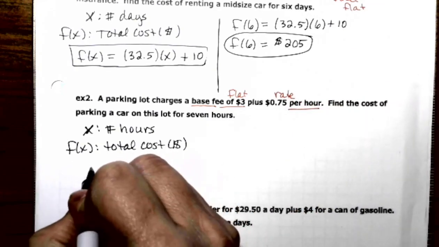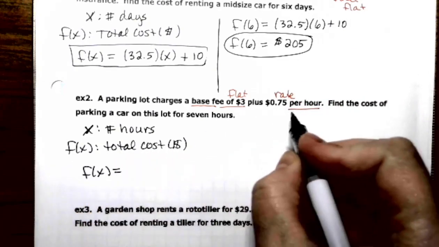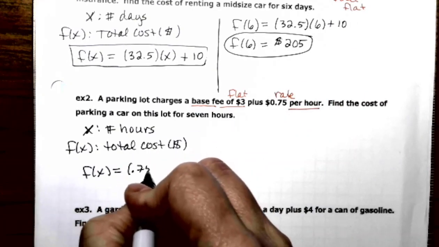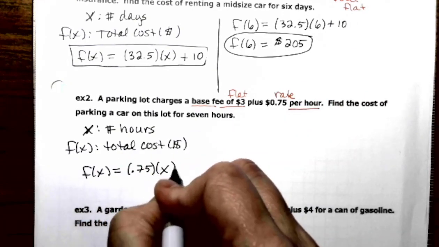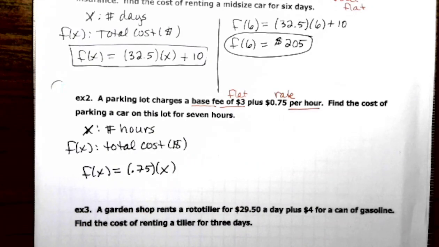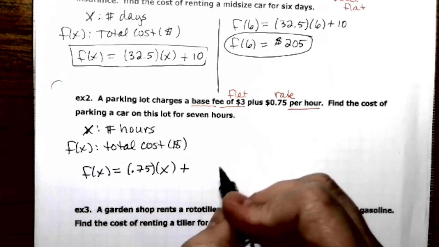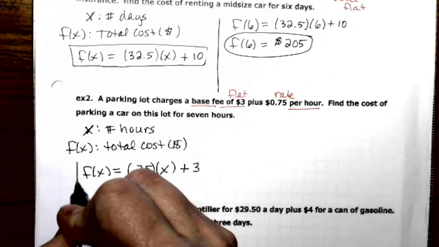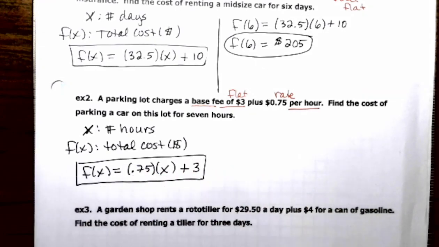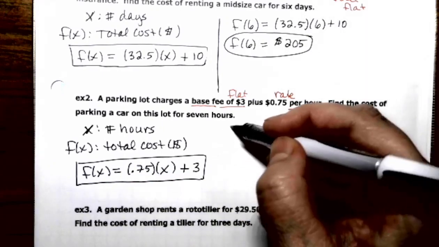So when we put this together, we've got f of x equals our changing rate, which is $0.75, times x number of hours, because it's $0.75 per hour, plus the $3 base fee. And that is the equation to describe how much it's going to cost.